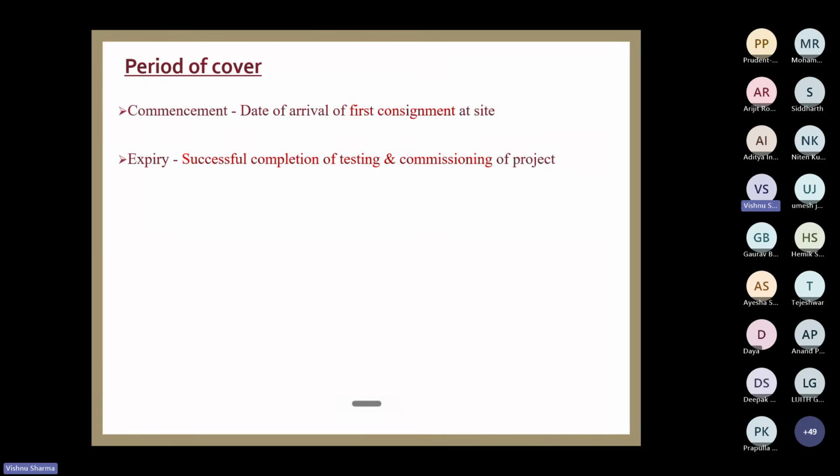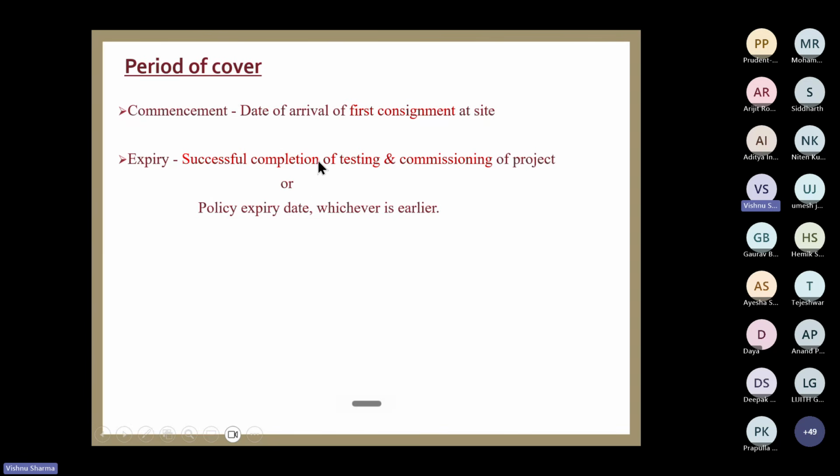One thing is successful completion of testing and commissioning of the project, or the other thing is expiry of the policy period, the expiry date. Whichever is earlier, then the policy will end. So either successful completion or the policy expiry date, whichever comes first, that is the end of the policy, unless he takes the extension.